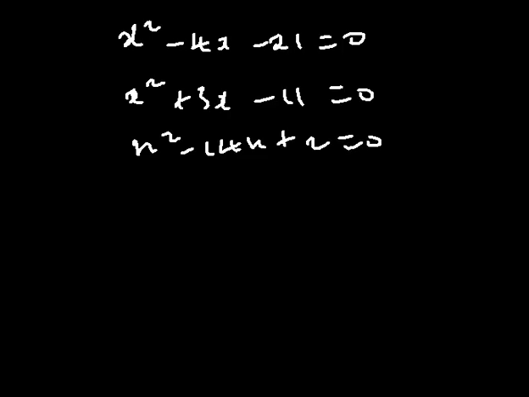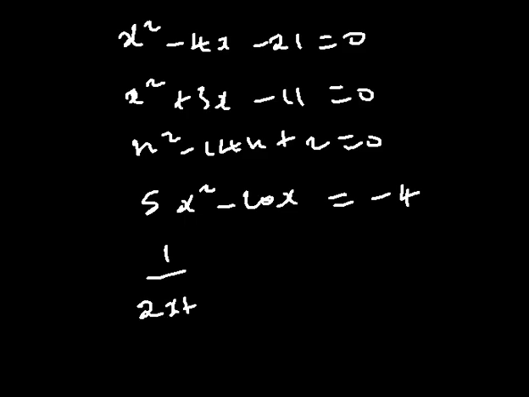And also, let's say 5x squared minus 10x is equal to -4. And what if we have 1 over 2x plus 1 is equal to 2 over 2x minus 1, which should be -5 rather, -5.